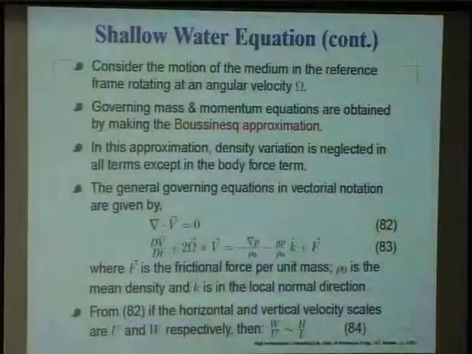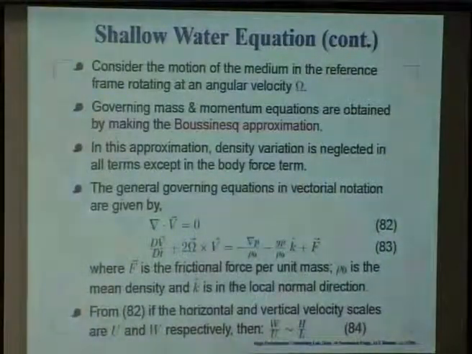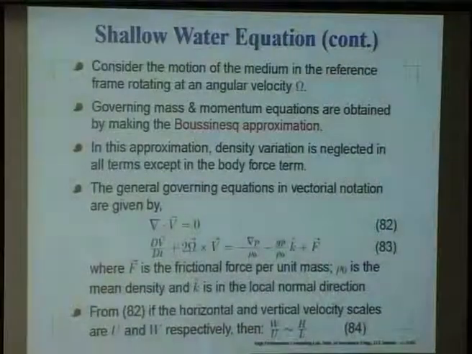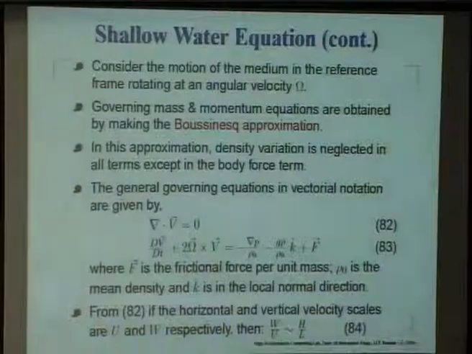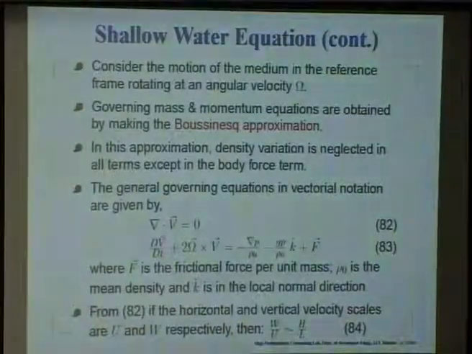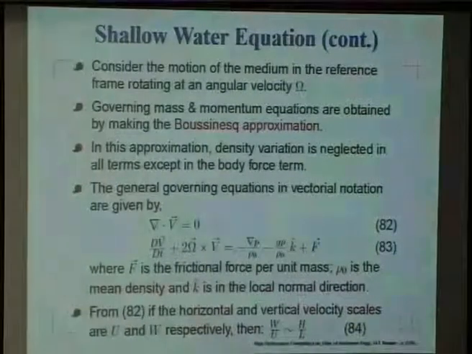If rho is equal to rho naught, we can factor it out and it does not come into the picture. In addition, in equation 83, if you look at the last term, we did not write the viscous terms, but instead we write a vector f, which represents the frictional force per unit mass.